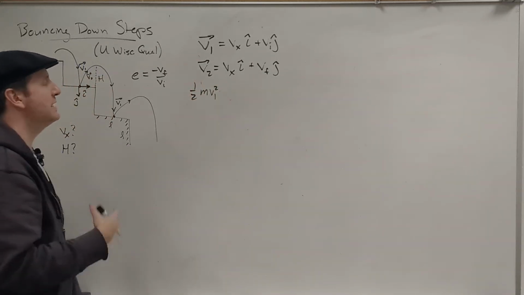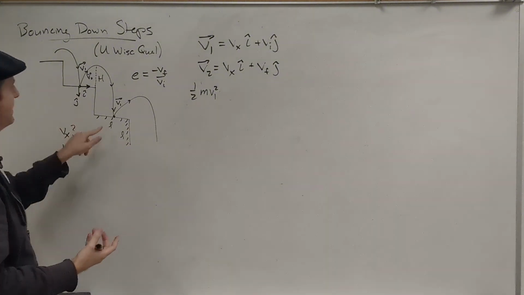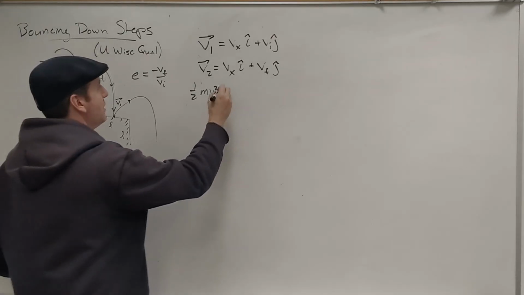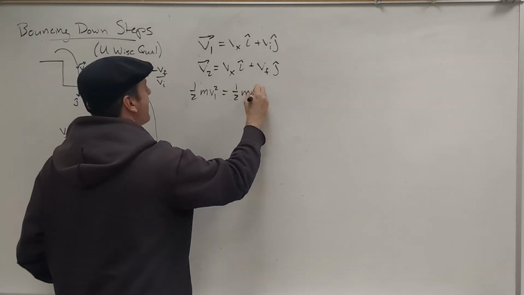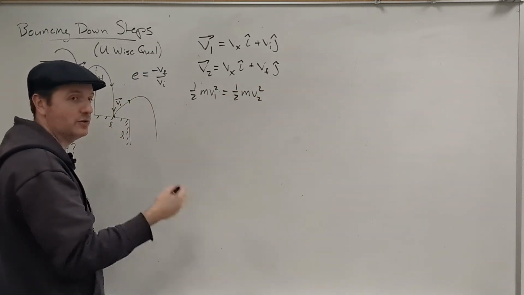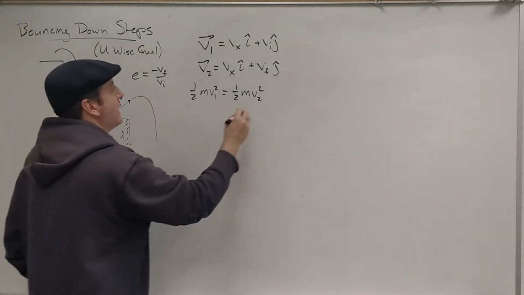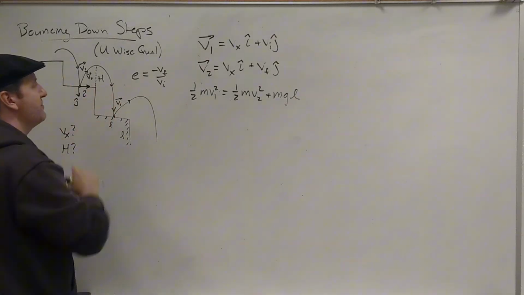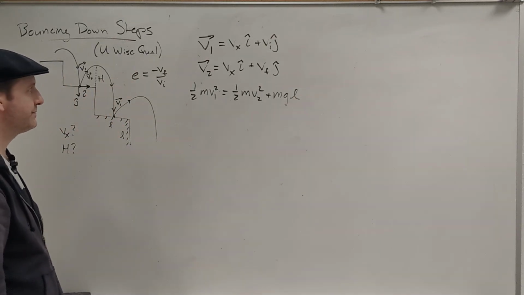So what we have is the final kinetic energy, the kinetic energy right before a bounce, should equal the kinetic energy right after a bounce, which will be less because it loses some with the coefficient, plus the amount that's gained from gravitational potential energy falling this distance L.